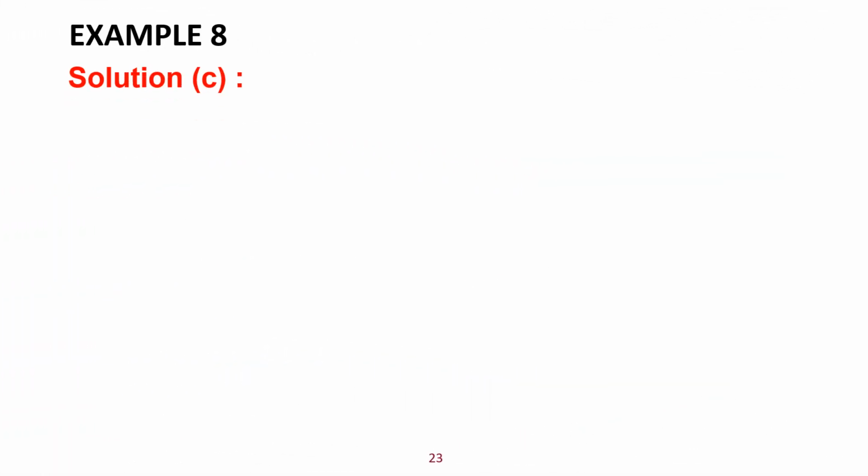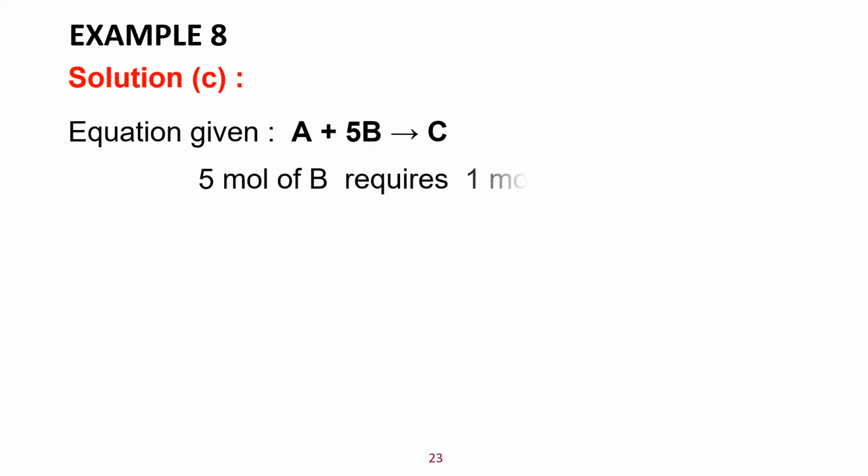Now, let's answer question C. From the given balanced chemical equation, we can see that 5 moles of B require 1 mole of A. In this reaction, remember that we have determined the limiting reactant.